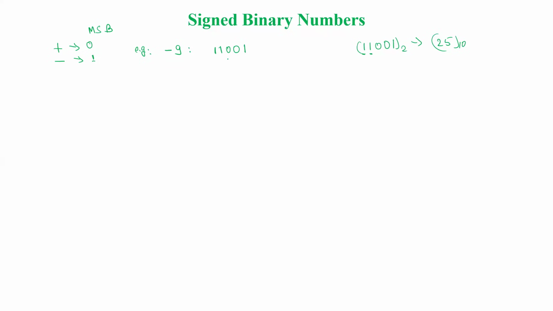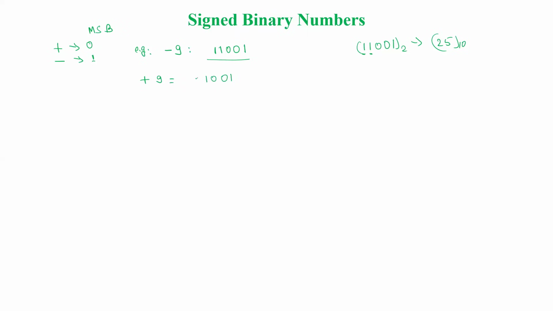So negative numbers we can represent with the help of the MSB bit 1 for sign consideration, or, as we'll see later with BCD codes, there we are going to give 4 digits for the sign bit also. So if you have plus 9, it can be represented as 1, 0, 0, 1.